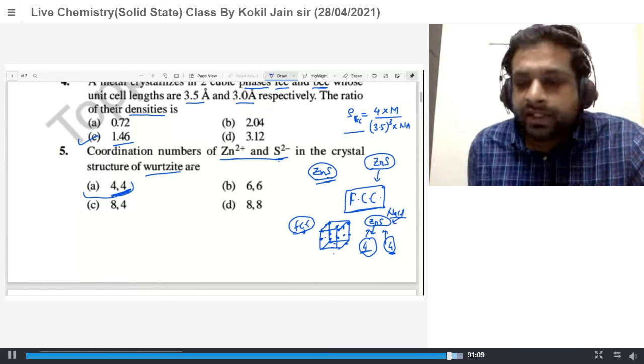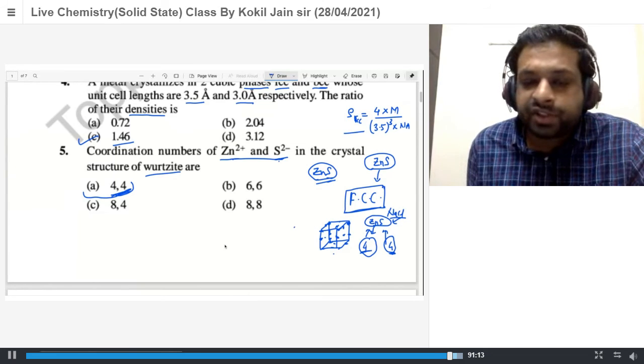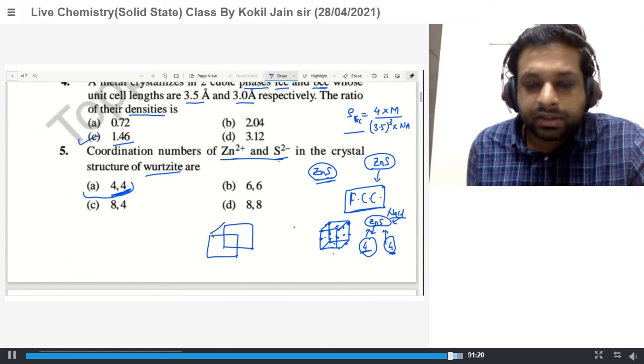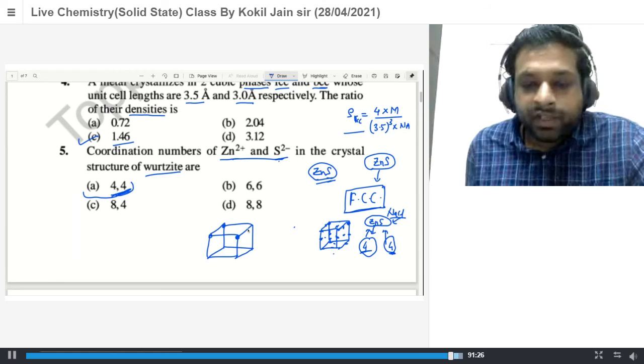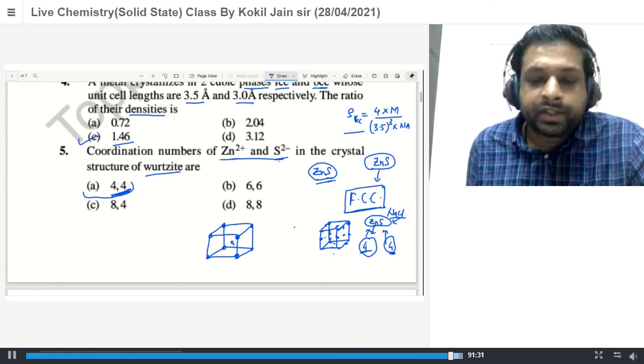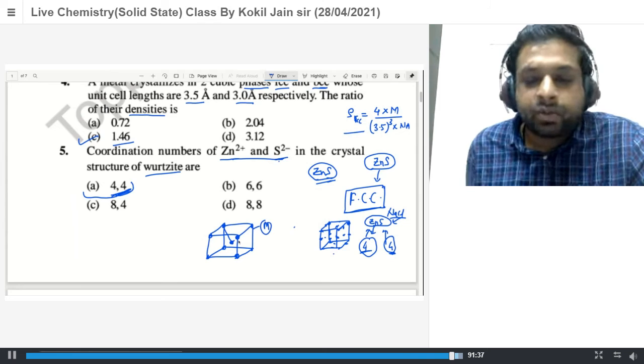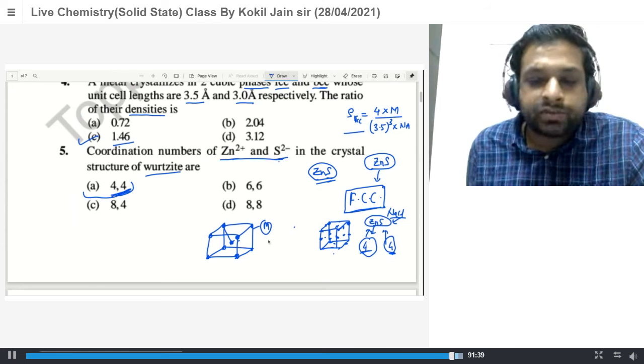What we earlier saw in case of FCC and BCC type of structure, I think you should remember it. When all the atoms were equal, let's say all the atoms were metal, then the coordination number was 8 for each one.